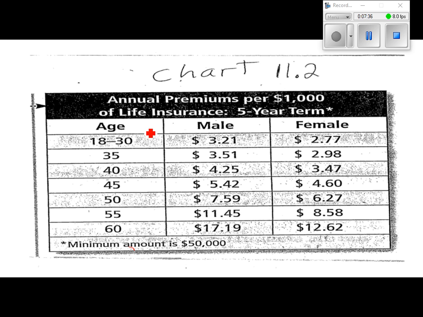This is the chart. On this chart, you've got your age. The first one here is 18 to 30. Notice that the prices for 18 to 30 are lower than the other prices. That's because, just like with any other insurance, the probability that you're going to die isn't as likely as for people down here in the higher range.